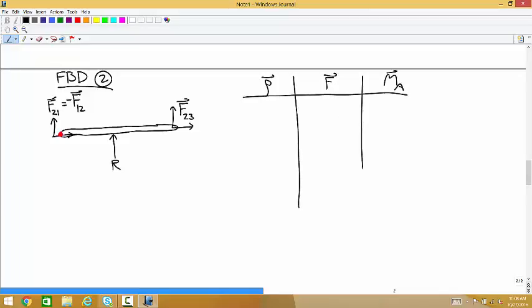So the first force is negative F12. What's the row vector for F12? Yep, zeros. The force vector is negative F12x, negative F12y, and the cross product is 0.